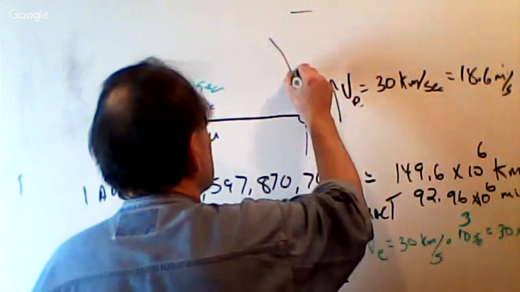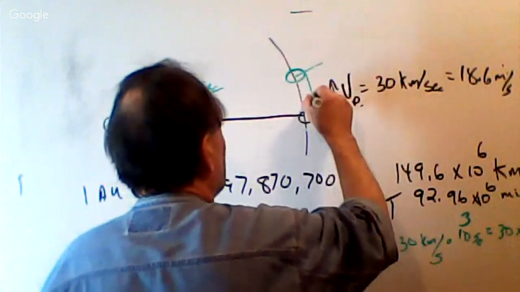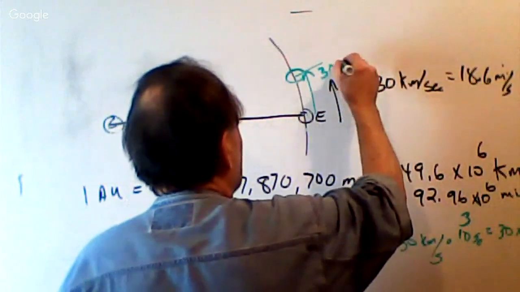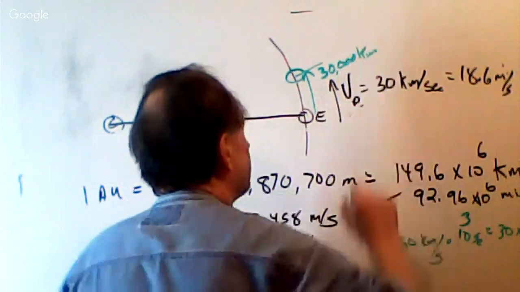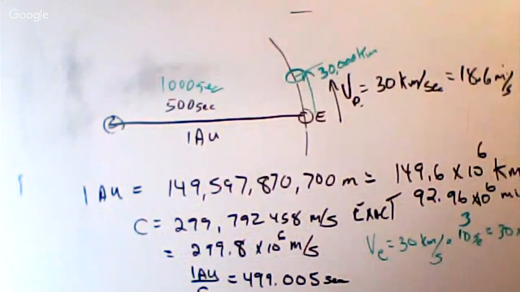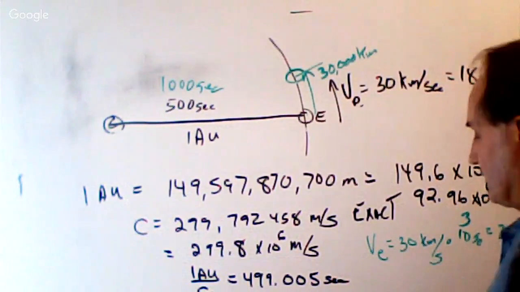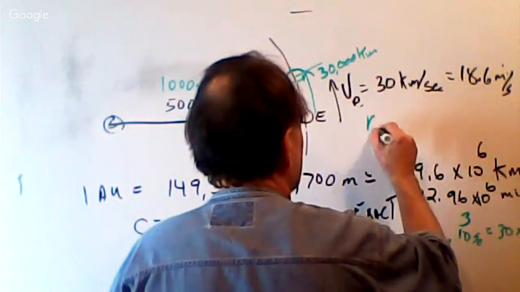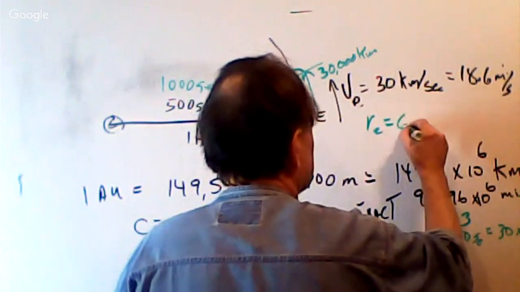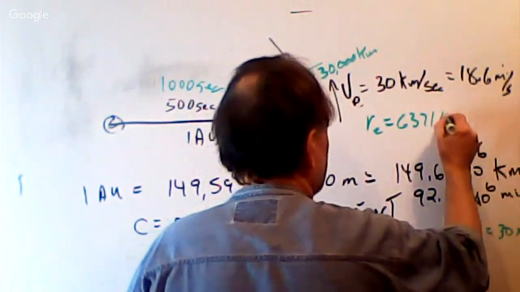So from this position to this position, the Earth will have traveled 30,000 kilometers. Well, let's look at that in terms of Earth diameters. We know that the Earth has a radius of 6,371 kilometers.